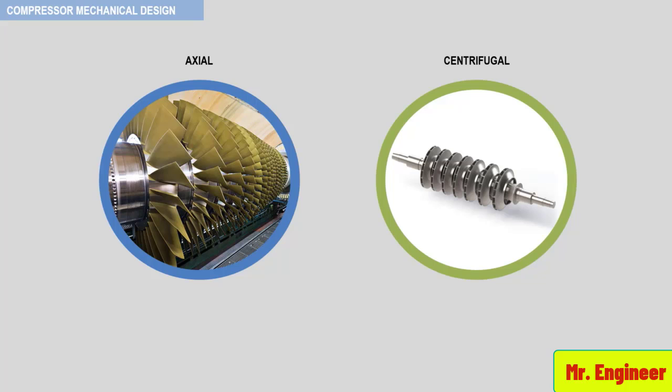Centrifugal impellers can handle flows from 100 to over 100,000 cubic feet per minute. Axial impellers are usually used above 100,000 cubic feet per minute. The head produced by a centrifugal stage can vary from 5,000 to 25,000 feet. An axial stage usually produces around 3,000 feet of head.